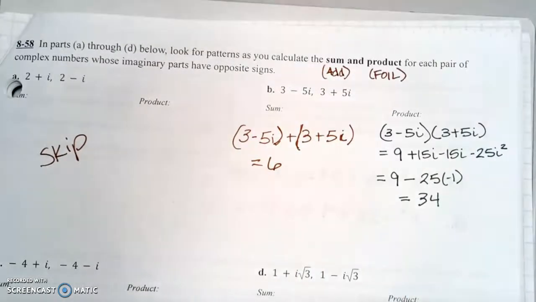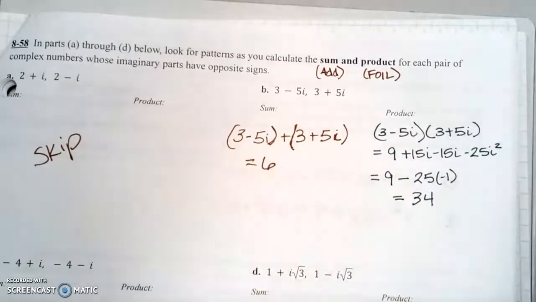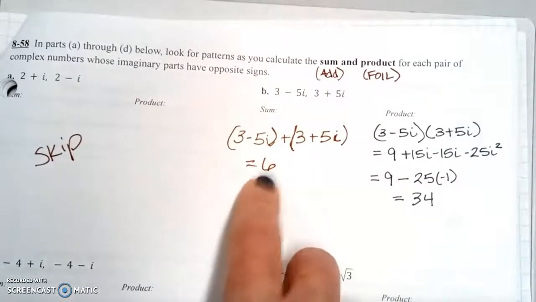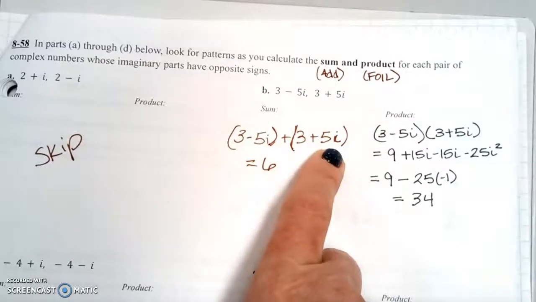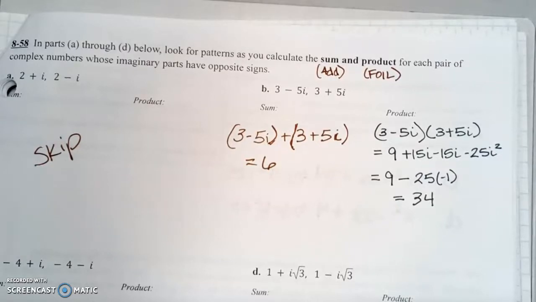I mean, you could write plus 0i, but you don't need to. Okay? So you're just looking to add like terms. So the 3 and 3 are alike, the negative 5i and the positive 5i are like terms. They're opposites, and they cancel each other out. Okay? So clearly adding and subtracting, just find like terms.